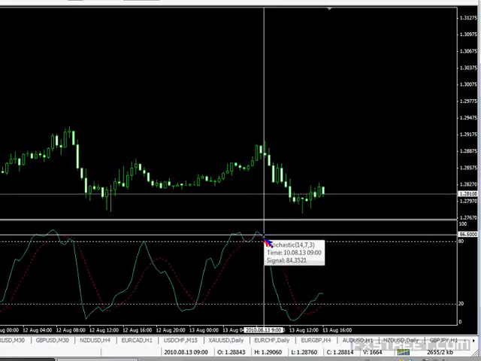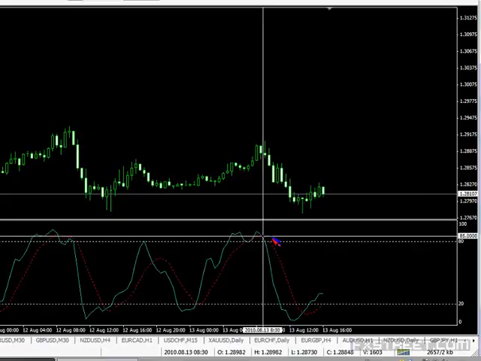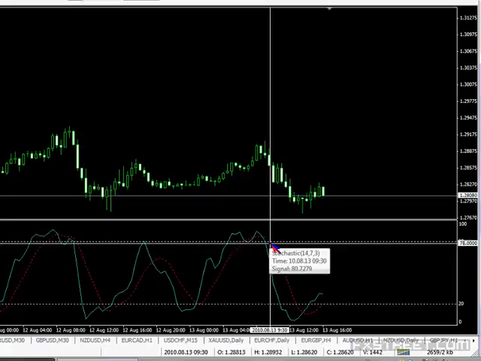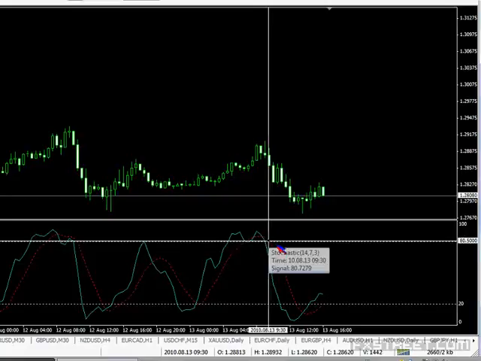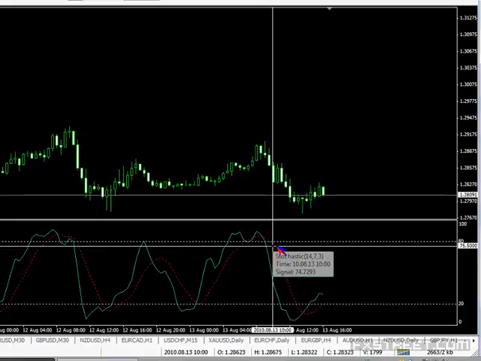Still, it's less reliable than the previous one, okay? However, if we take this signal and we see both lines again moving in the correct direction, that will confirm we are on the right side of the market.